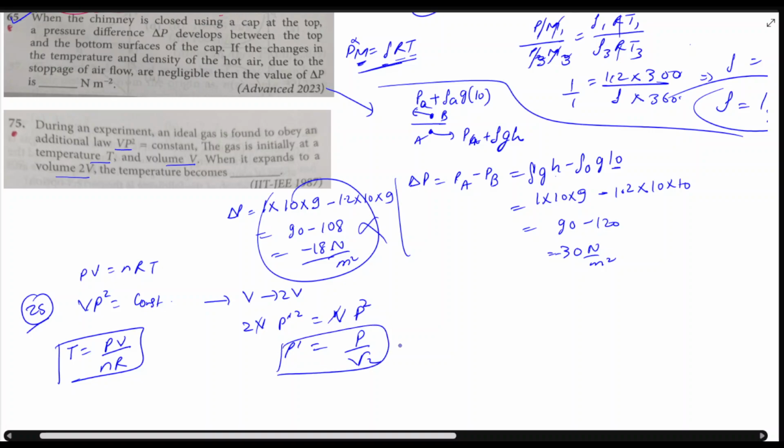So this will be the new pressure. This is the new volume. So we'll simply write T dash as P dash V dash upon nR, and P dash is P by root 2, V dash is 2V divided by nR. PV by nR was T. So the new temperature will be T root 2. Okay, this was an easy question.